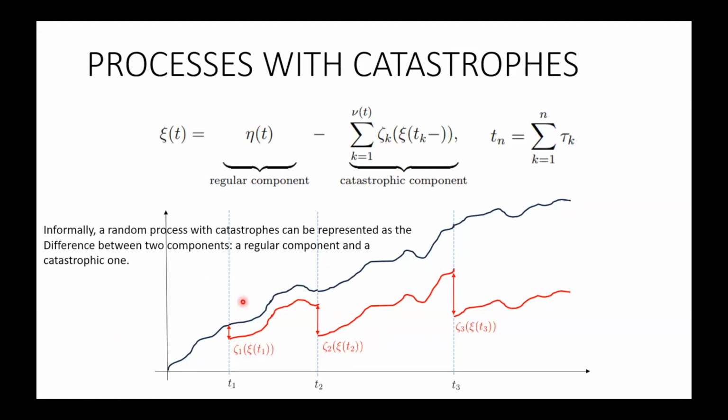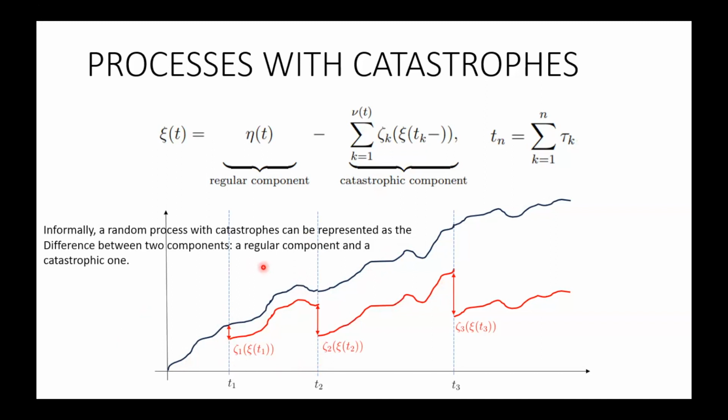Did you see my pointer? Yes. Okay, thank you. This is my regular component, for example, C, and the catastrophic component is represented by the drastic change of the value of the process here. For example, here is the time of catastrophe, the second time of catastrophe, third time of catastrophe, and so on.